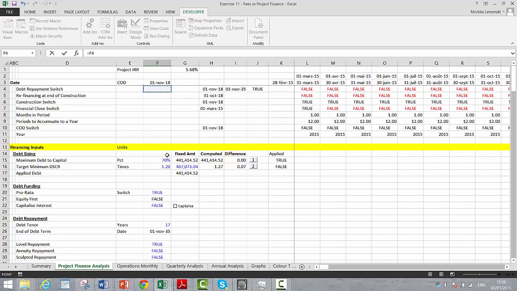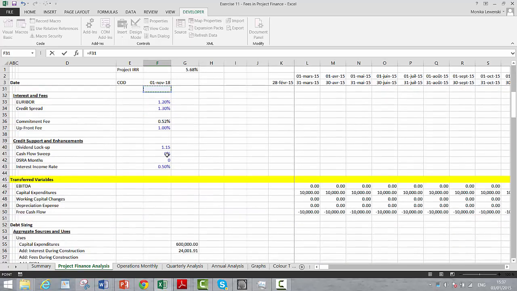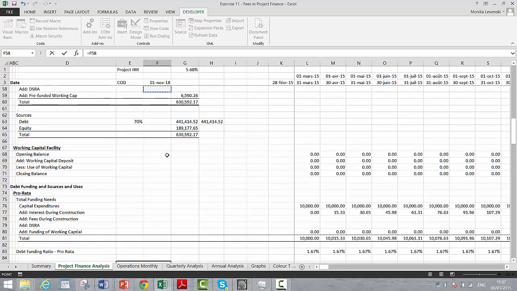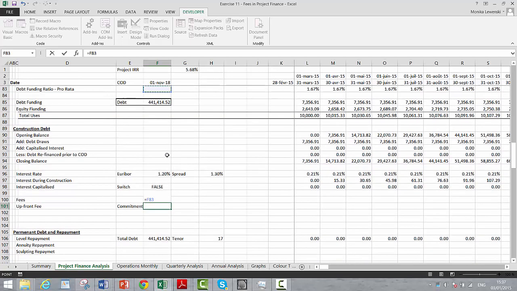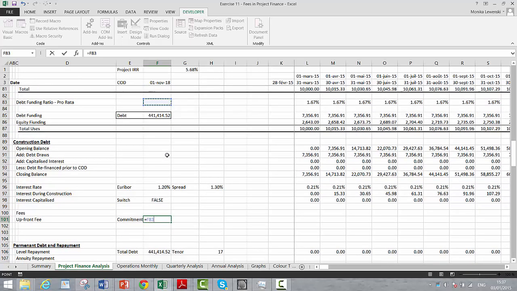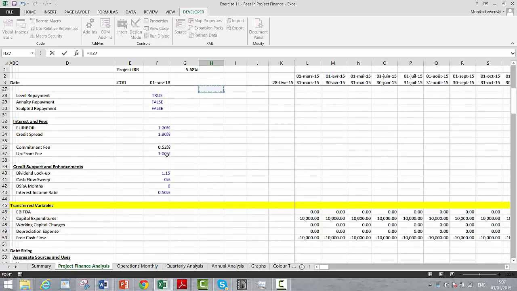The debt commitment is the applied debt, or we have it from here, and the fee percent is up here.